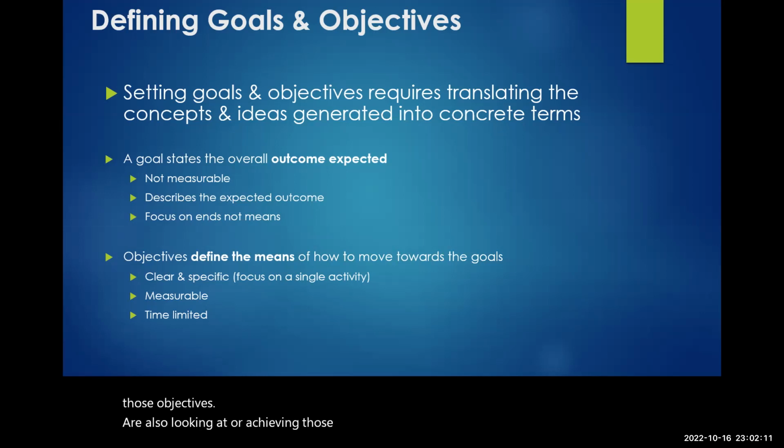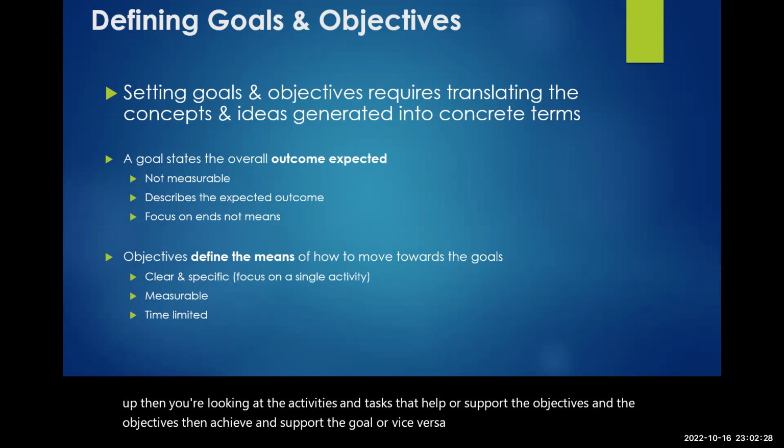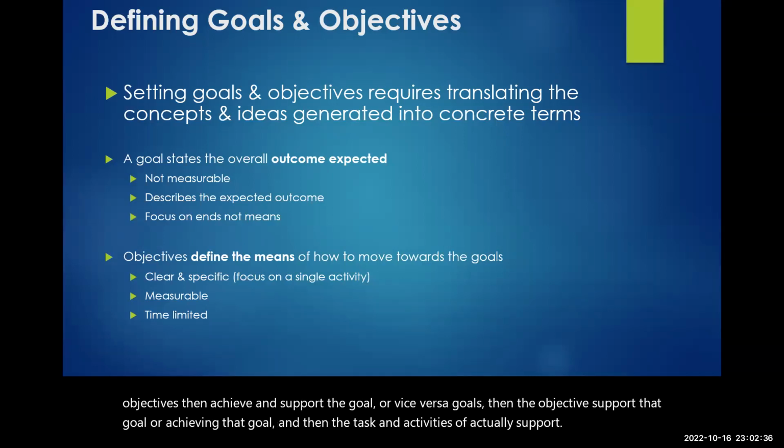So if you look at it from the bottom up, you're looking at the activities and tasks that support the objectives, and the objectives then achieve and support the goal, or vice versa. The objectives support achieving the goal, and then the tasks and activities support and achieve the objectives.